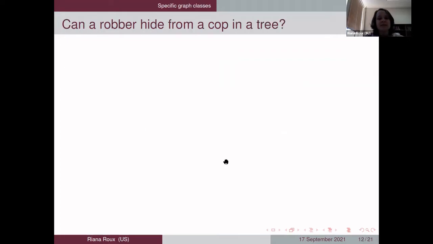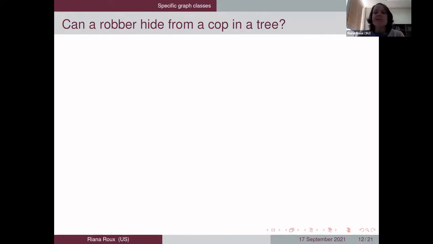This brings us to special graph classes. At this point, I just want to note that there are some other bounds on the localization number in terms of maximum degree, in terms of path width. Well, maybe I just can't think of everything now, but there are more.